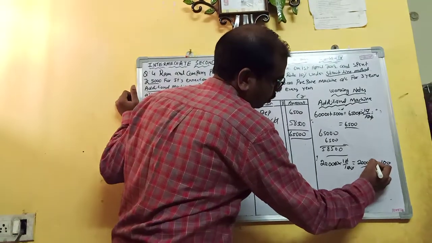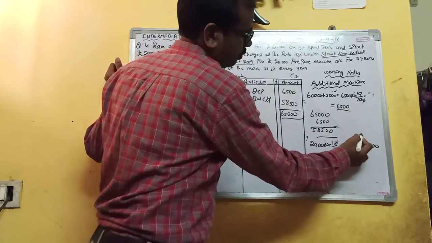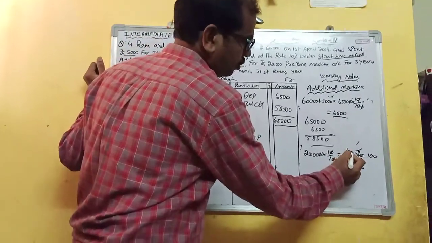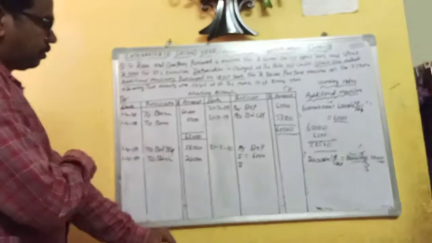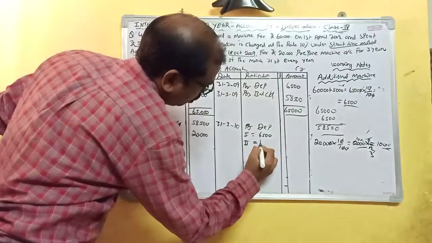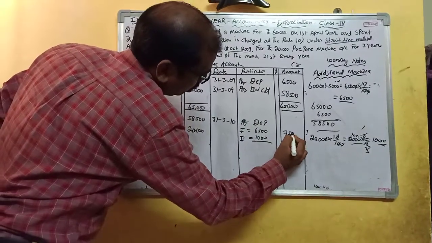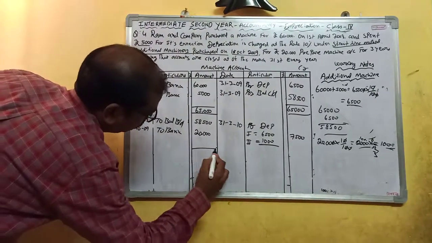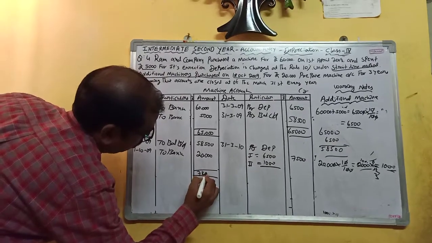Otherwise, into 6 by 12 also we can take: 6 twos are 12, 2,000 into 6 by 12 gives 1,000. So the second machinery depreciation is 1,000. Total depreciation 7,500. Now closing the accounts, 78,500.